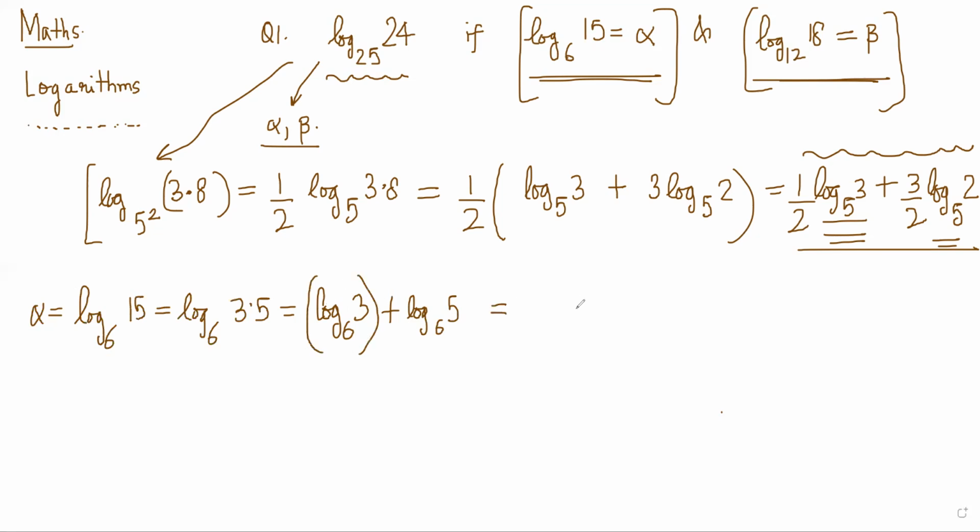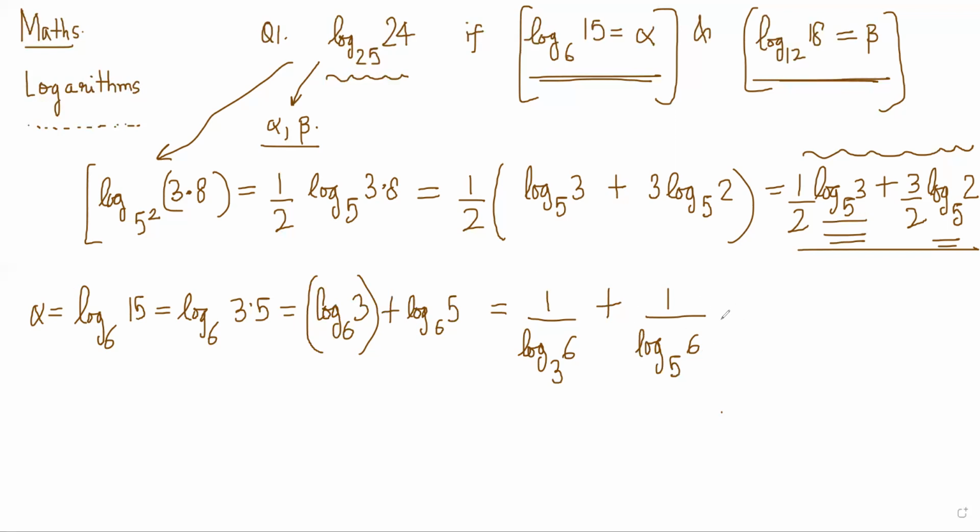Log 6 3 is what? 1 by log 3 6 plus this is 1 by log 5 6, right? Yeah. Now, okay, wait 1 second, I've written it wrong. Yeah, it is correct only.